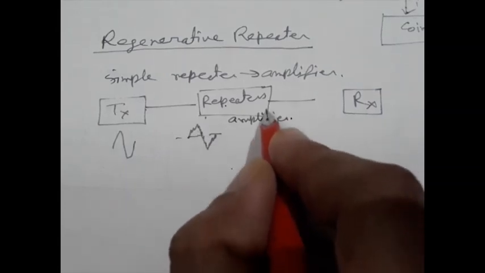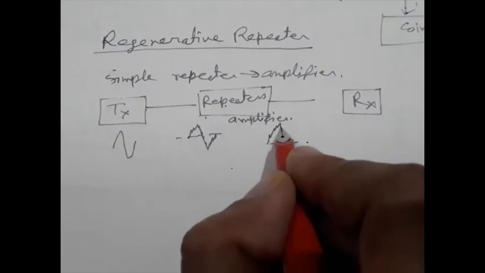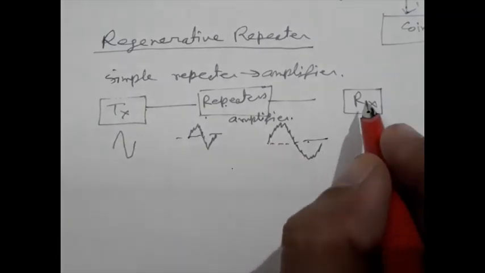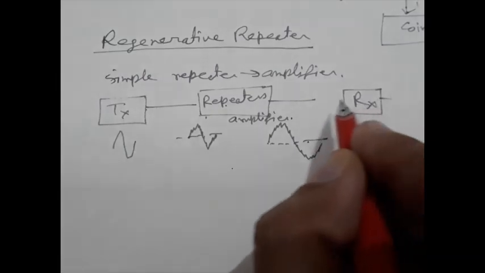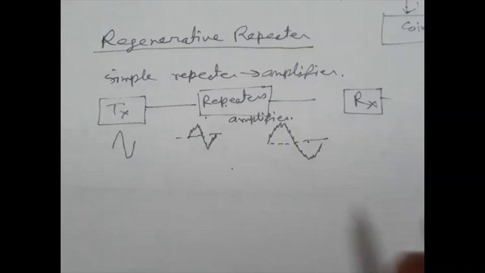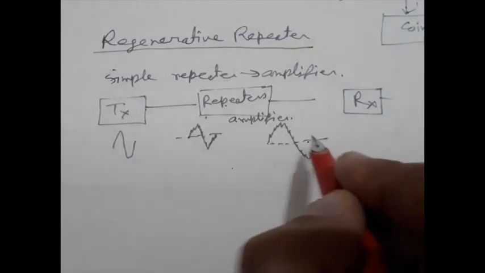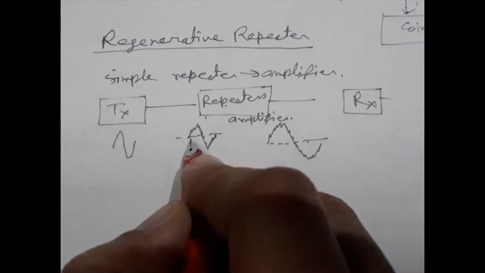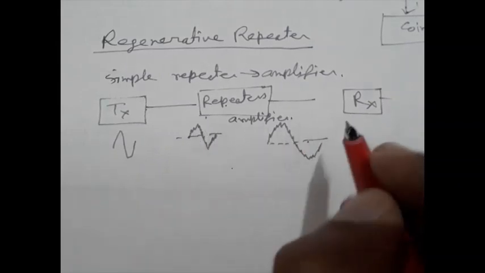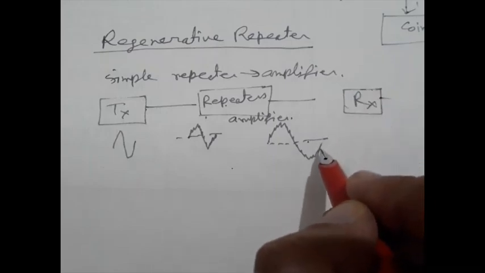At the output of this repeater, you will get a larger version of this noisy signal. Because the repeater is not able to identify which one is noise and which one is signal, it will amplify both the signal and the noise. So if noise has entered inside the signal, that will be propagated and the receiver will also receive this noise.